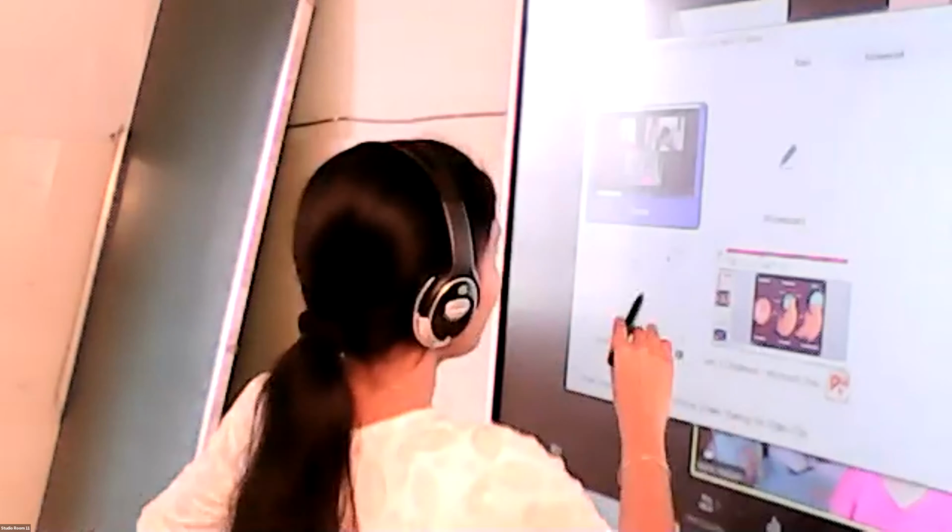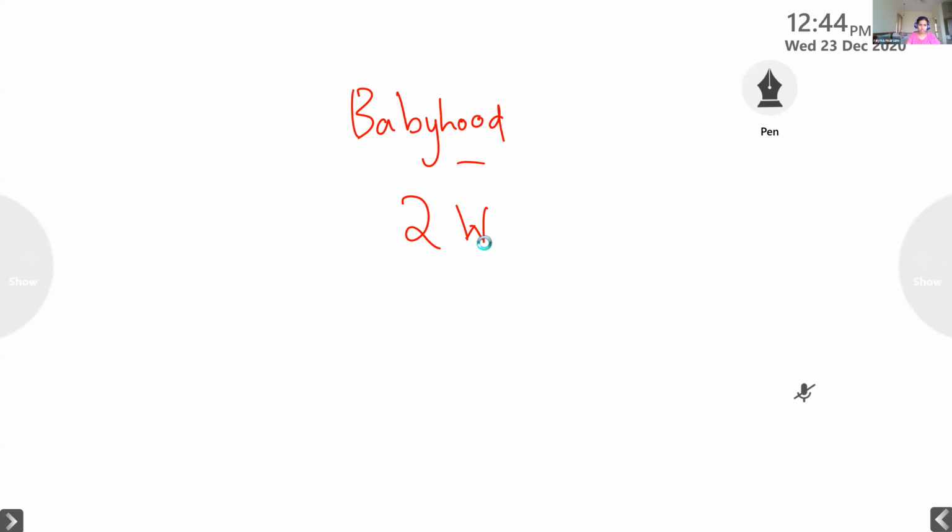Month. Yeah, basically, the babyhood is from 2 weeks to 2 years. So infancy is a period from about 0 to 2 weeks, and babyhood is from 2 weeks to 2 years. Okay. Is it clear?